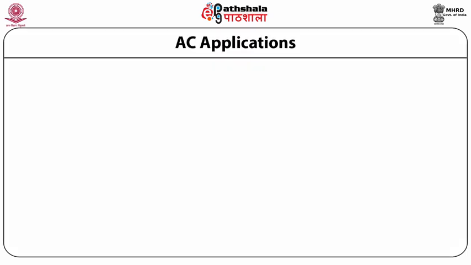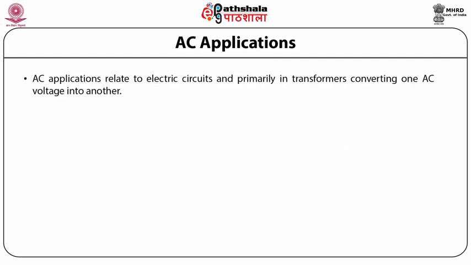AC applications. AC applications relate to electric circuits and primarily to transformers converting one AC voltage into another. Power transmission is more efficient at high voltage but more dangerous and less easily used in the home.